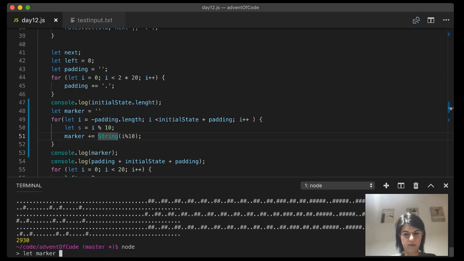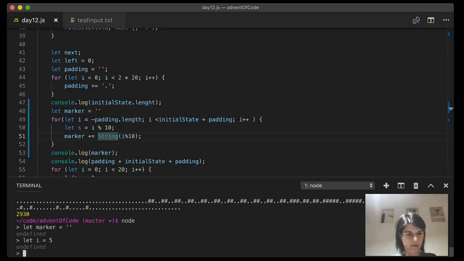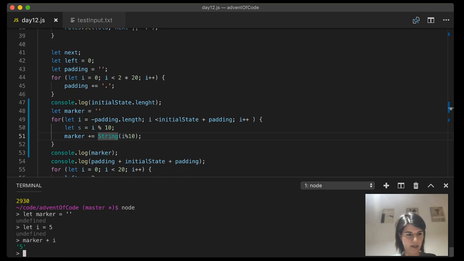So let marker equal the empty string, let i equal 5, marker plus i is 5. Why is this not working? Oh, I think it's because of the order when you do plus equals.